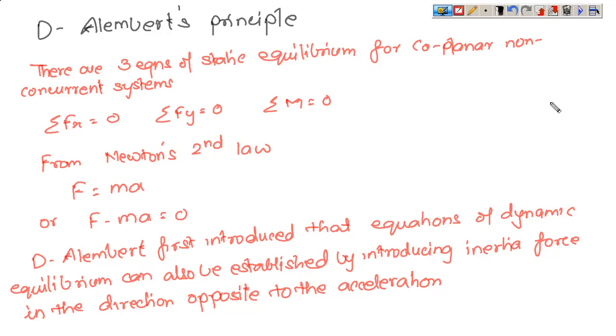This inertia force forms a part of the dynamic equilibrium, and it always acts in a direction opposite to the direction of possible motion. Likewise, you must have seen when we were understanding friction, the frictional force acts opposite to the direction of possible motion. Similarly, dynamic equilibrium is governed by inertia force, and inertia force always acts opposite to the direction of possible motion. This is the statement of D'Alembert's principle.